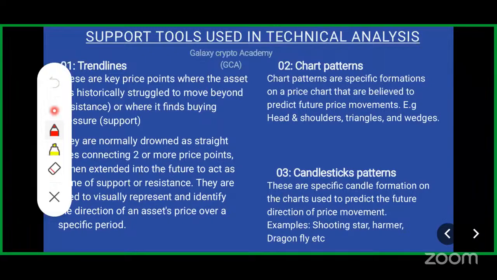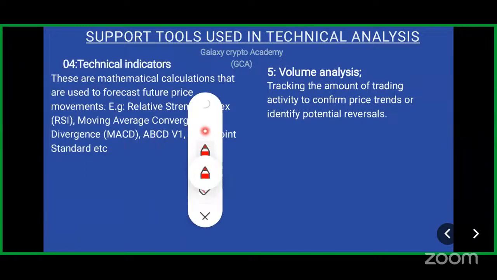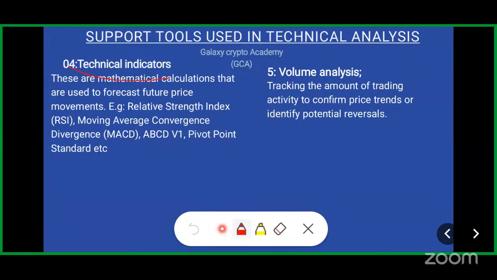So also we have groups of traders who may not entirely depend, but at least use most of the time the technical indicators, to make informed decisions on whatever they want to do in the market.